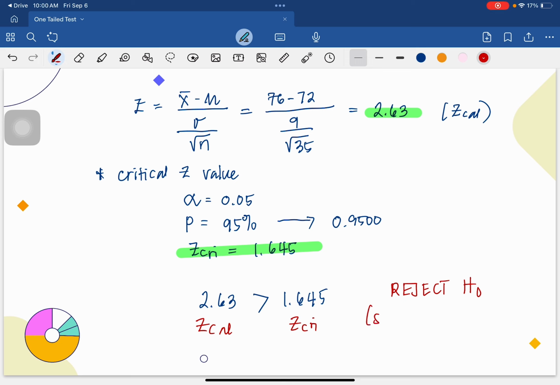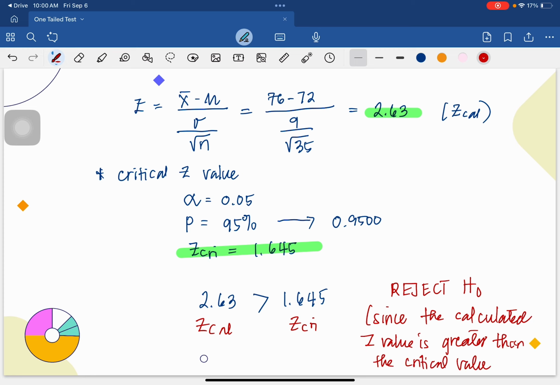You can put here, if you want, the reason behind it: since the calculated z value is greater than the critical value.